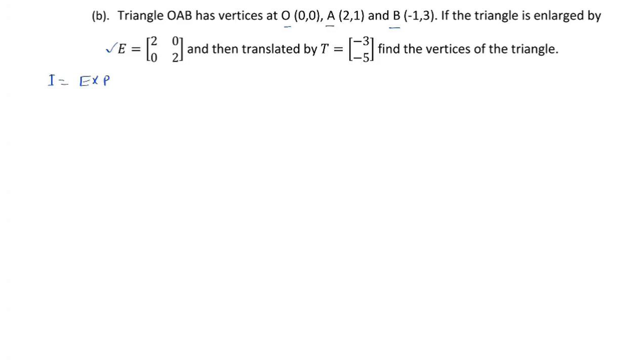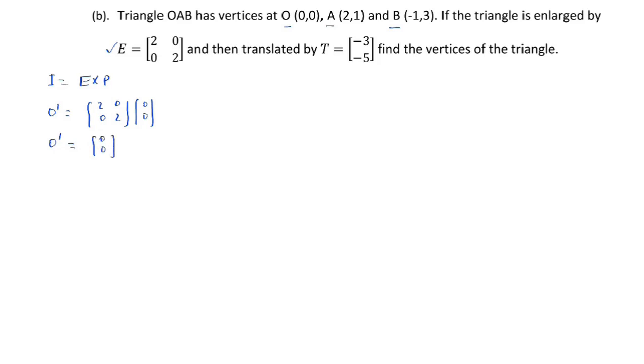Starting with point O, 0, 0, the image of O is going to be matrix 2, 0, 0, 2 times 0, 0. Let us apply multiplication of a matrix. We will just get matrix 0, 0. So the image of O equals matrix 0, 0.